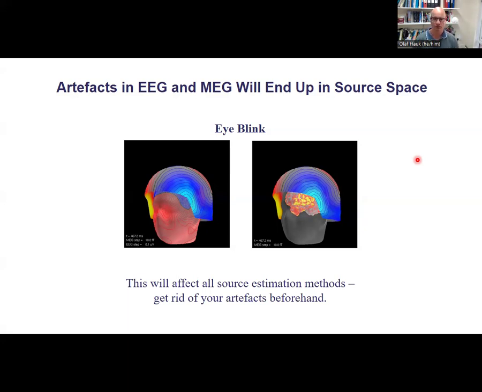So if you're interested only in visual cortex or occipital cortex, you might not care about artifacts in the front. Fair enough. But in that case, you should also not interpret anything here as frontal activity. I've definitely seen papers and posters where I thought, unless you've taken very good care of your data and your artifacts, I actually think these are eye blinks that you see there in your results.